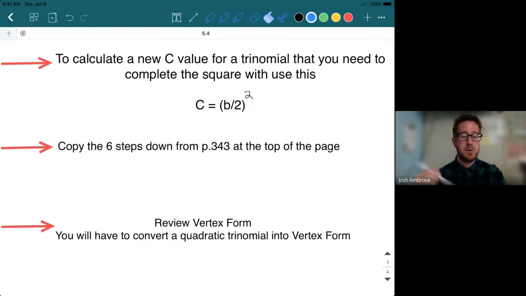That'll make a little more sense in a couple minutes here. But with this little equation you see on your screen there, c equals b divided by 2, that whole quantity squared, that will create a new c value that will make the trinomial a perfect square.